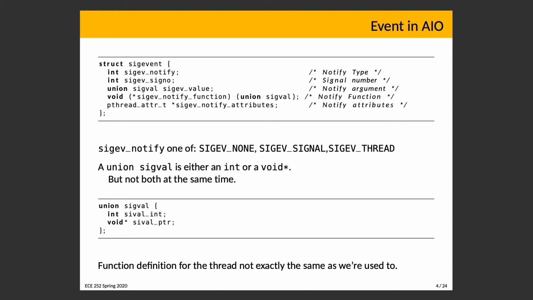You just have to remember that when we talk about SIGEV value, because it's defined as a union of int and void star, it can be one of those things, but only one at a time, and it can switch between them at any time.